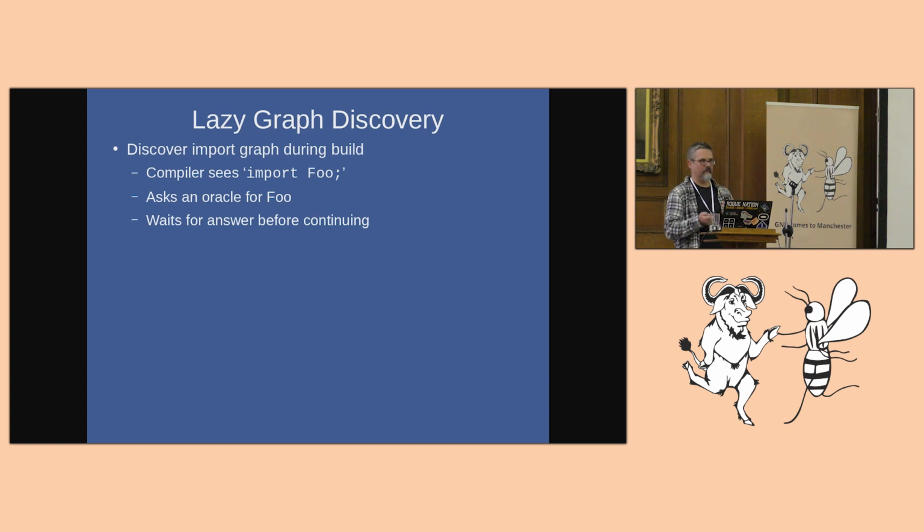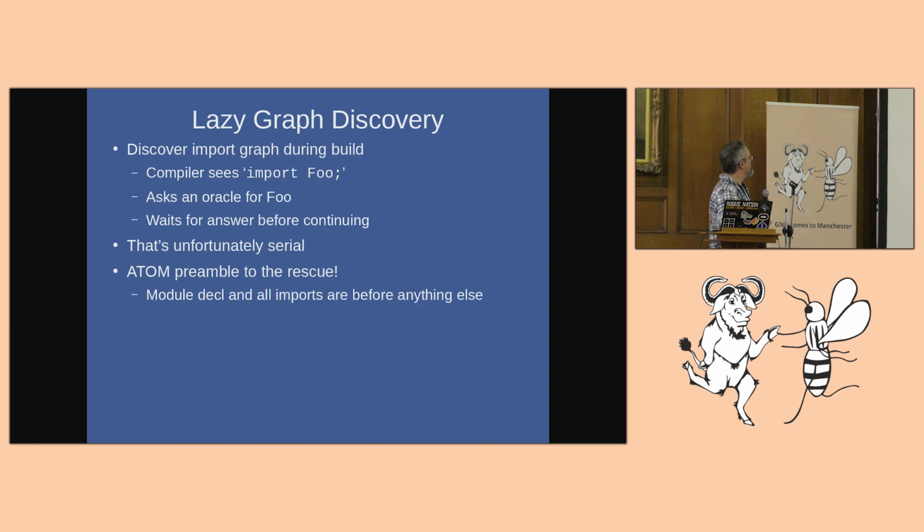Okay, that would be a nice way of making this thing work, but it's still, unfortunately, serial because I have this question asked every time I see a new import. But again, Atom preamble to the rescue. We do all the imports right at the beginning before we've actually parsed anything else other than preprocessor directives and stuff. There's no other declarations there.